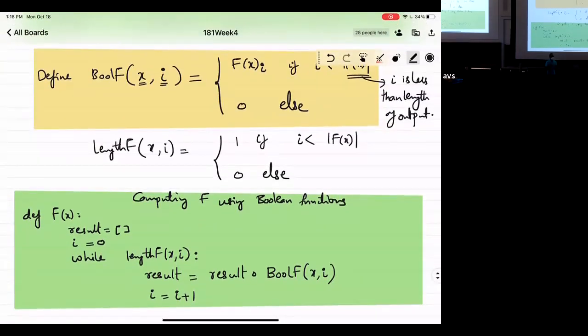Okay, so I'm just computing one bit at a time as we originally thought of doing. The only caveat or maybe trick here is to branch based on the length. Okay, I might not know what the output length was, but that's being encoded as this Boolean function. Okay, so if I have the power to compute Boolean functions, then I can compute any function of even arbitrary length. Okay, so that gives us the confidence to only focus on Boolean functions, where the output is only 1 bit long. Any questions about this? Yeah?